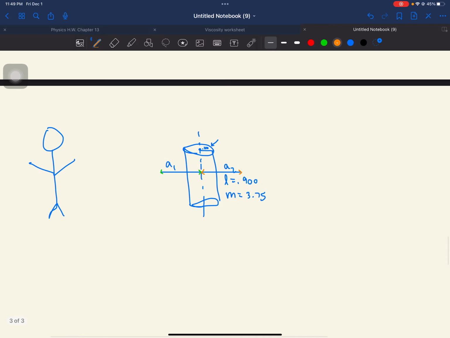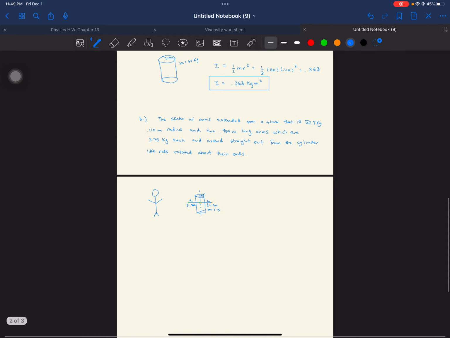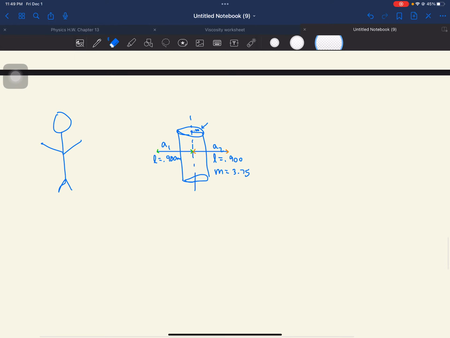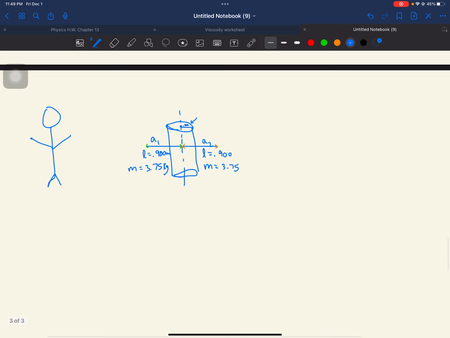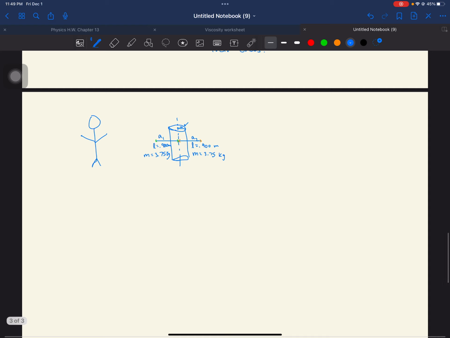For both of them, they would have a length of 0.900 meters, and the mass would be 3.75 kilograms. So we would have to find the moment of inertia for the cylinder as well as both arms, in which case the numbers are identical. So we could find the moment of inertia of one arm and multiply that by 2.